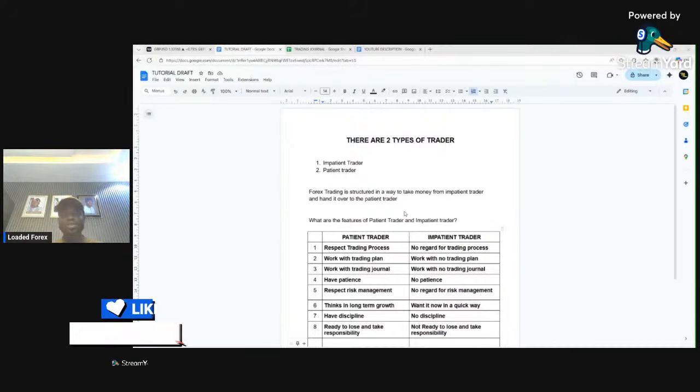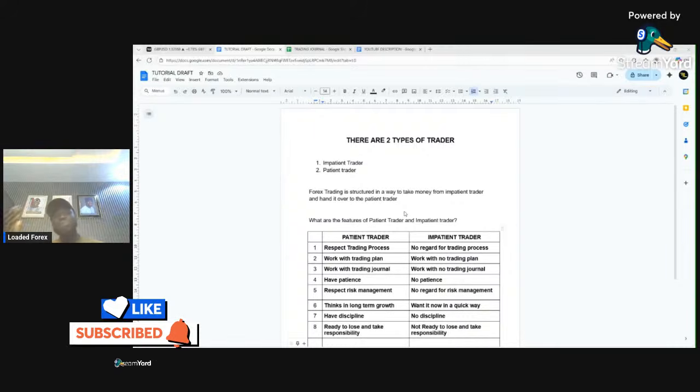So the impatient trader is the kind of person who doesn't want to respect the process of trading, that you have to learn first, you have to master the skill first before money comes in. While a patient trader is a person who wants to learn first, who understands the process of trading, who thinks in long-term investment policy or process.